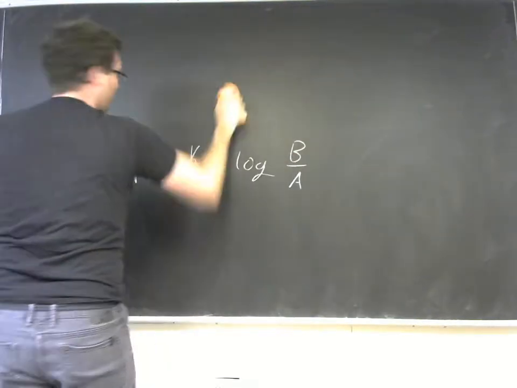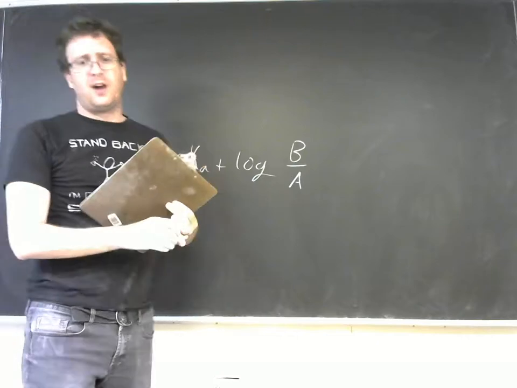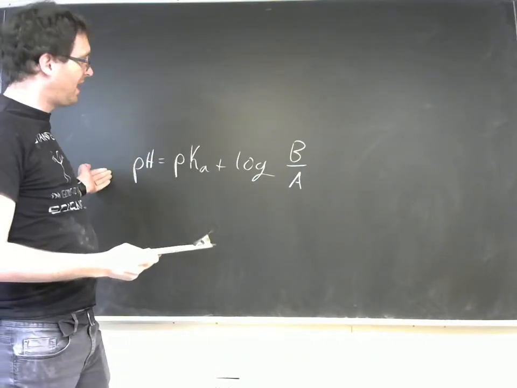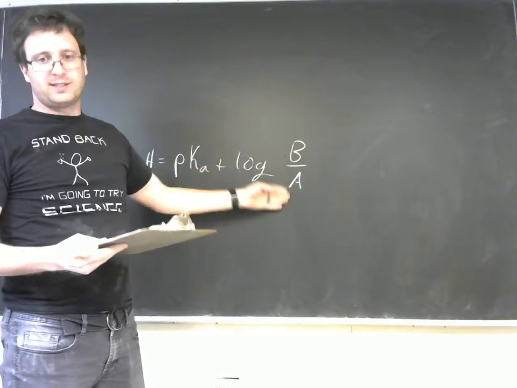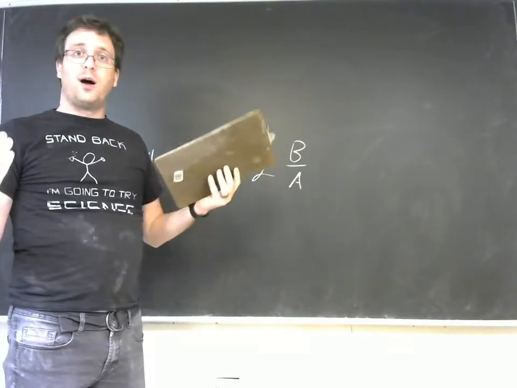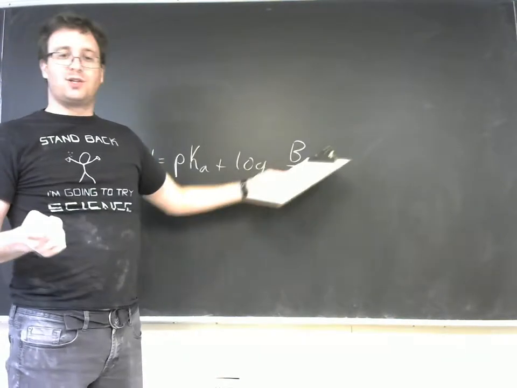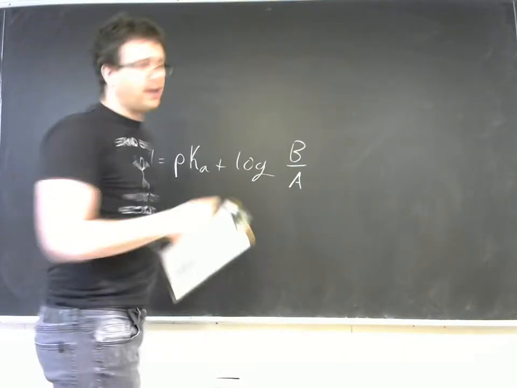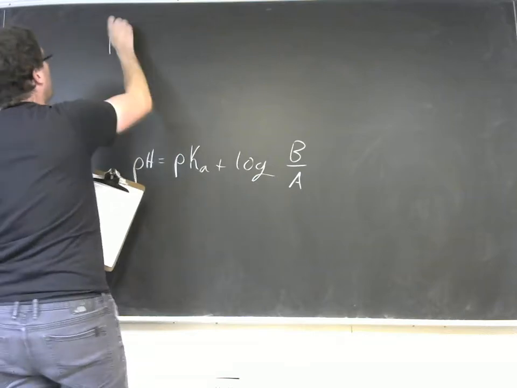We already went the one way: if I wanted to create a buffer at a pH of 10, what's the ratio of base over acid that I need? Let's now do one where we're given a ratio of base over acid and we need to find the pH.